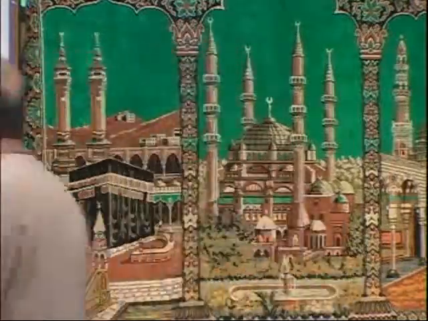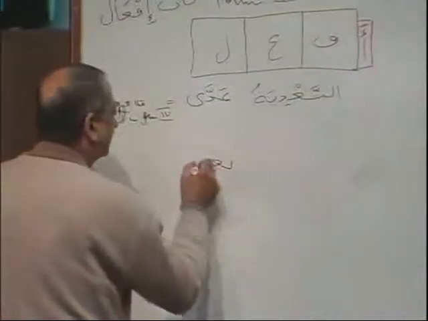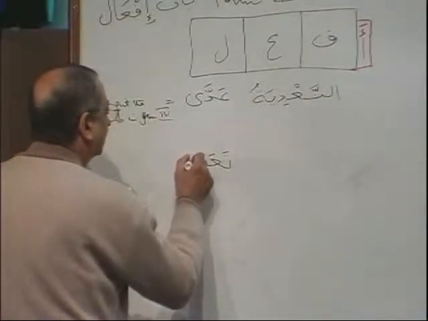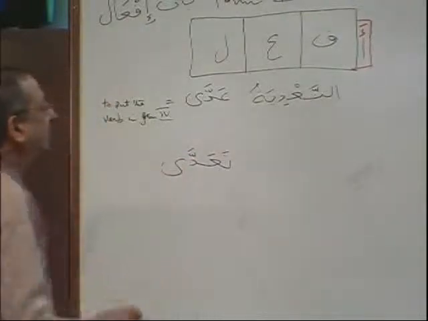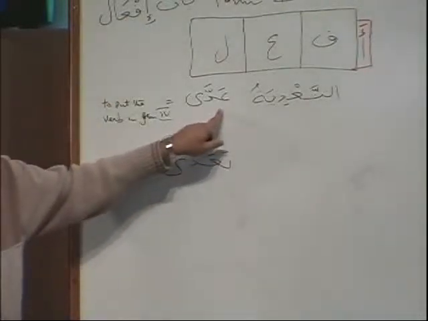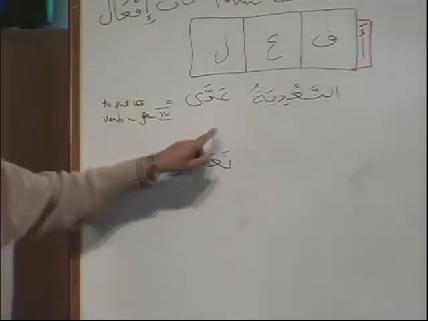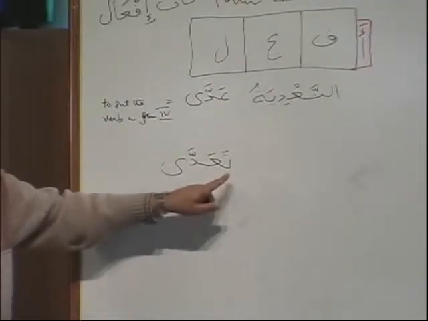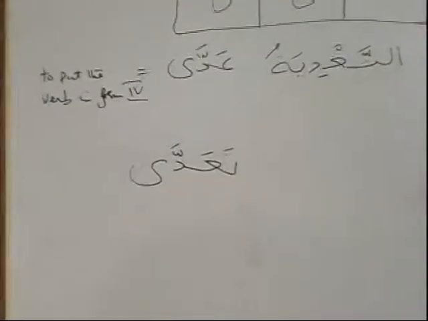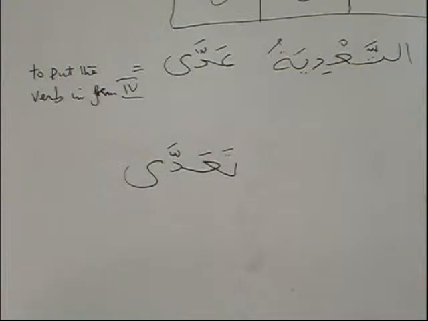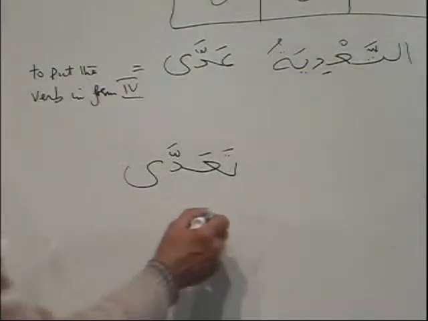Ta'adda. See, adda, form 2, form 5. You just added ta and it became ta'adda. And what will be the mudari'?